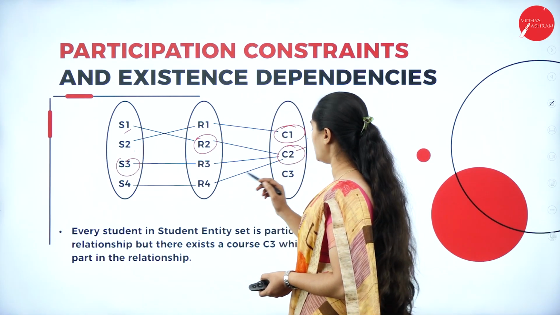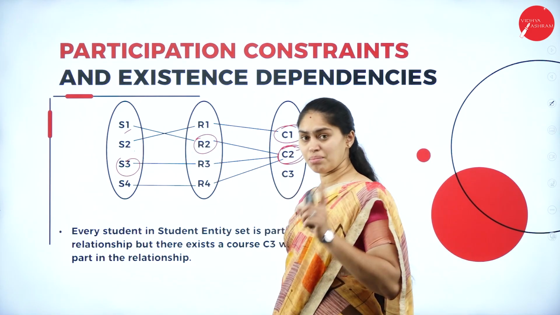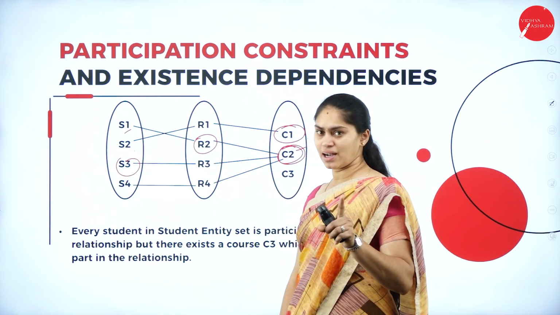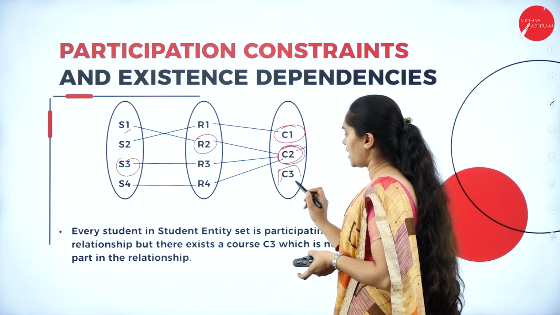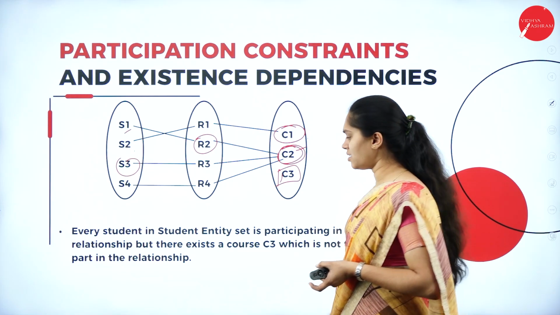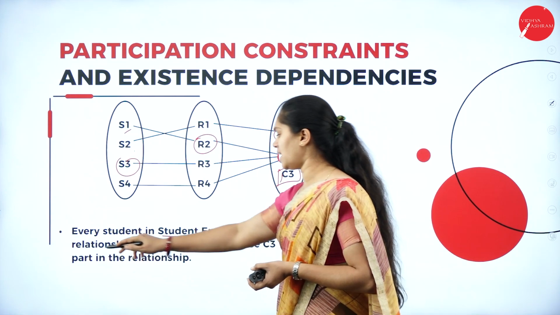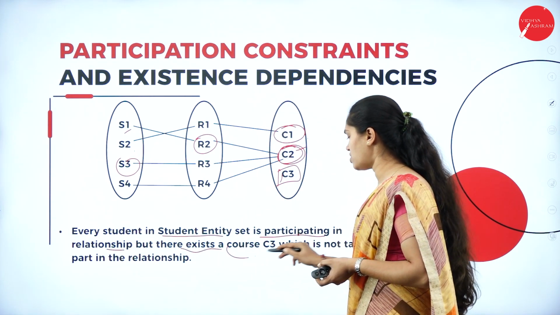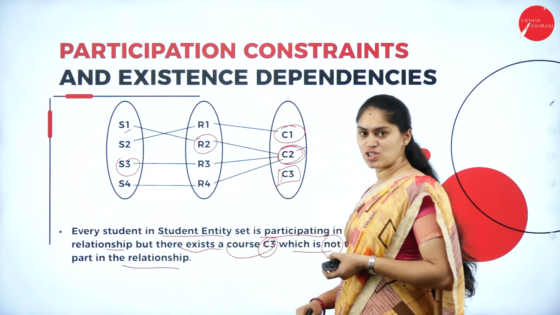So all 4 instances are participating, but if you consider the course, none of the students has taken course 3. Every student in the student entity is participating in the relationship, but there exists a course 3, or C3, which is not taking part in the relationship.